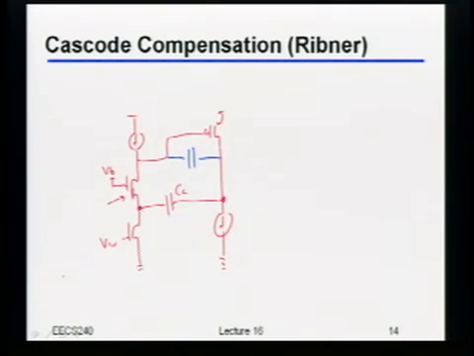By the way, just in case it's not clear how this works, remember the whole point is we want signals to flow that way, but not the other way. The way that happens is, if you think about the input current, as long as the 1/gm of this cascode is low enough impedance, then all of that current should flow into the cascode. None of it should go through that CC over there, right?